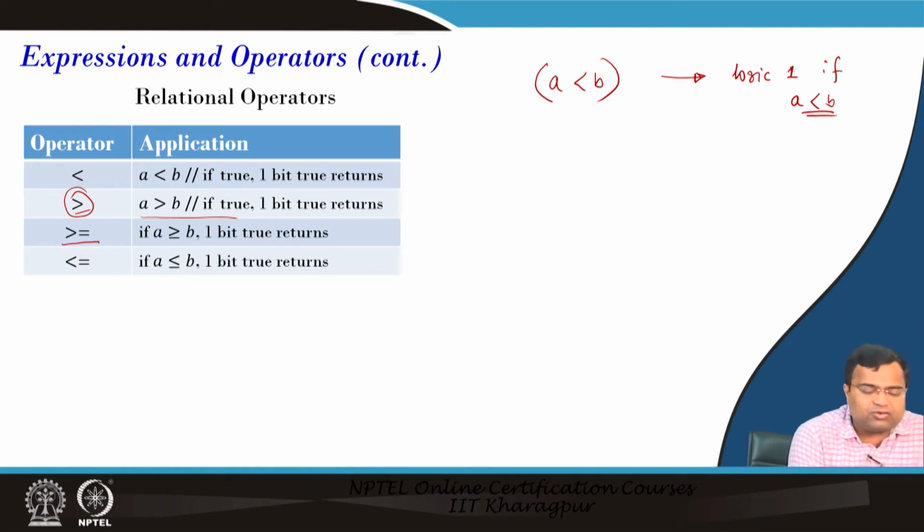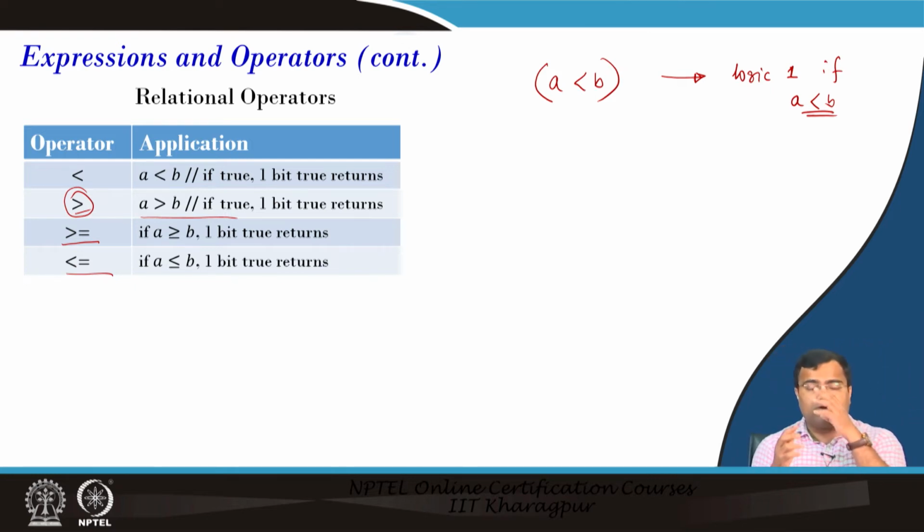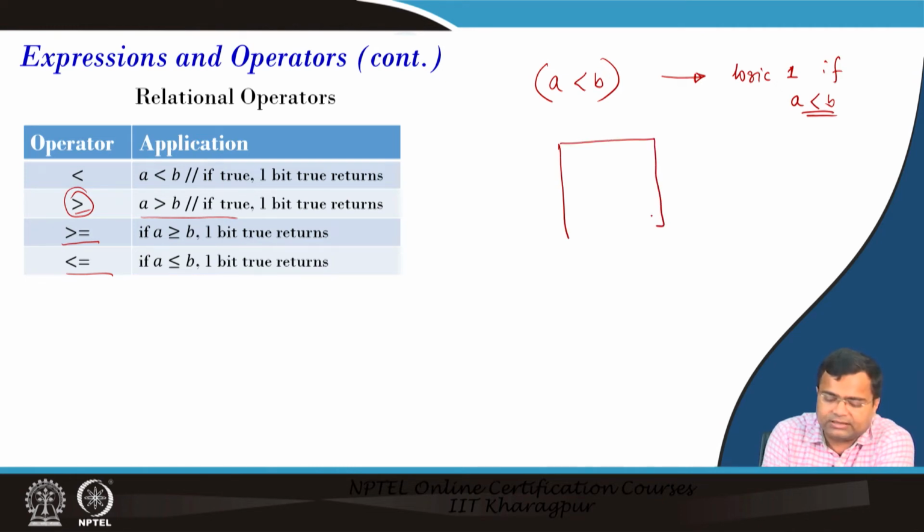And if it is a greater than equal to or less than equal to, because we want to arrive at a certain condition. Let us say we want to compare two digital numbers, like an analog comparator. We know the analog comparator has inputs a and b.